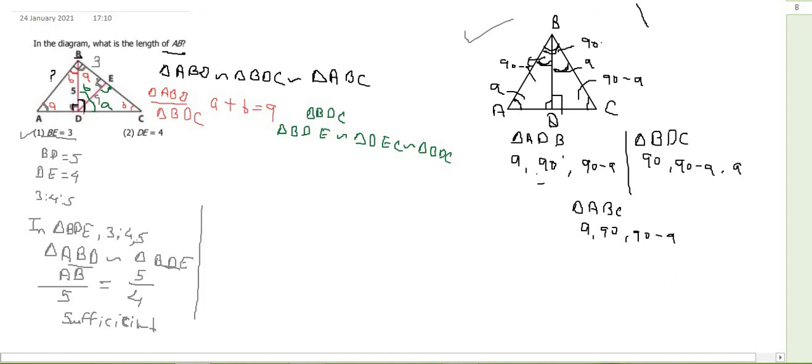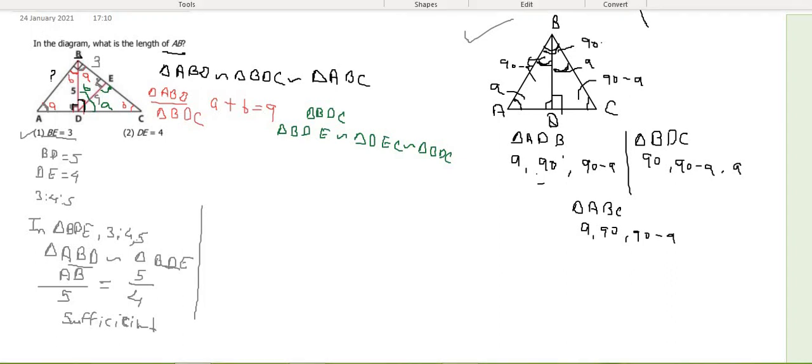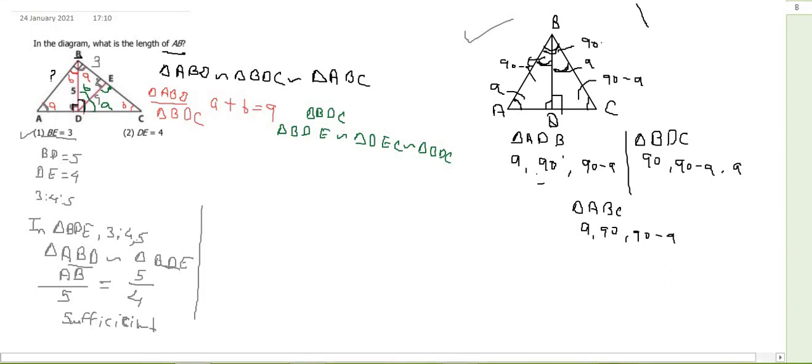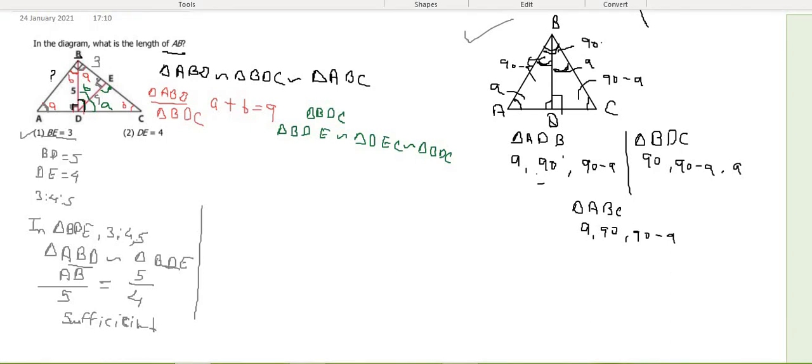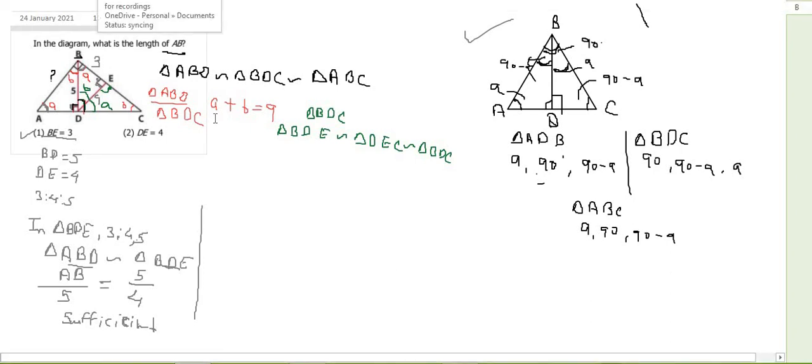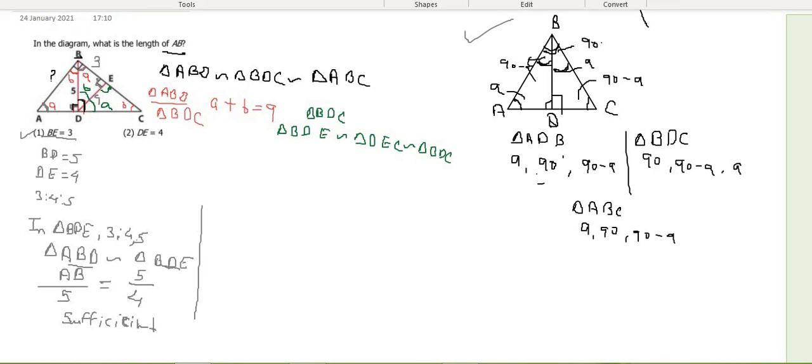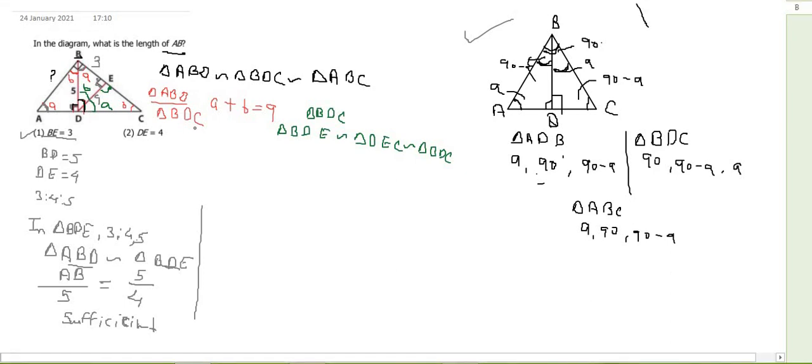Now let's move on to the next statement. The next statement is DE is equal to 4. So earlier we were given BE and we could identify that DE is 4.